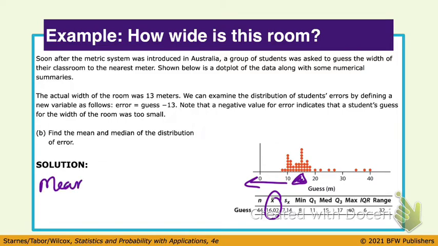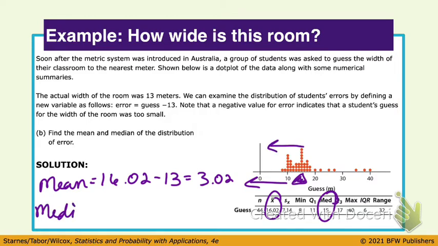So my new mean would be 16.02 minus 13, which would be 3.02. The median, same thing. If I take that median of 15 and I subtract 13 from that number, I would get a new median that would be down by 13. So my median would be 15 minus 13, which is 2. So those are my new mean and median.